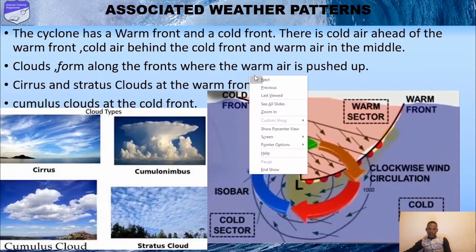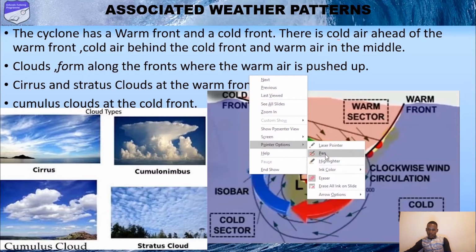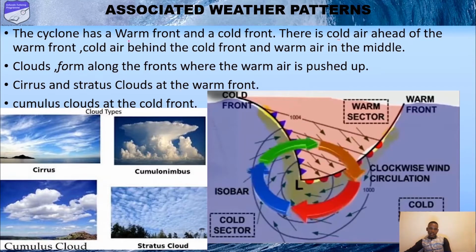This is just a reminder of what we said previously. The cyclone has a warm front and a cold front. This is your cold front and this is your warm front. There is cold air ahead of the warm front. Behind the cold front we've got cold air, and behind the warm front we've got warm air.